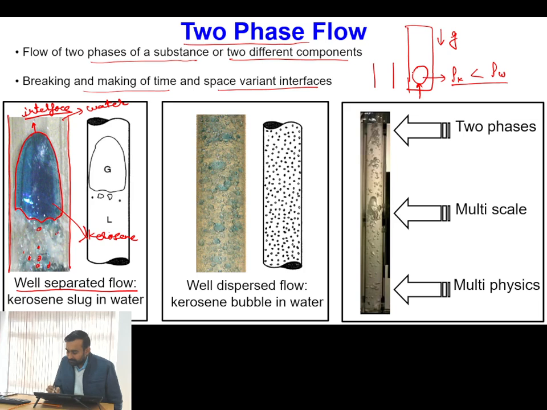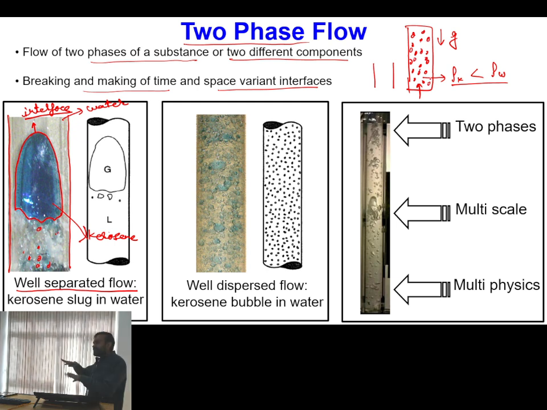The second situation could be that in the same tube, once we are injecting the kerosene, instead of forming a bigger chunk, this kerosene is dispersed in the form of small volumes within the complete volume of the water. Okay, so here you can see the situation.